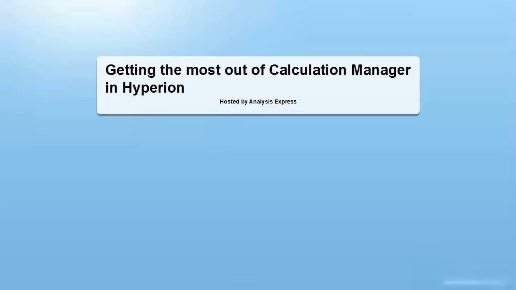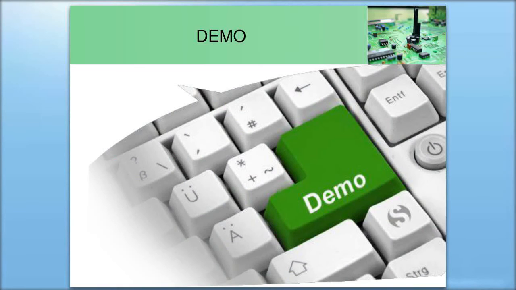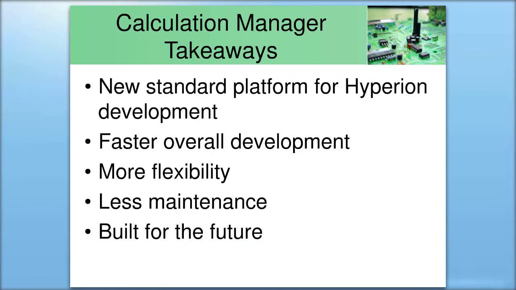Just to kind of give you an overall view of what we think is important about Calculation Manager and how you can use it. First of all, we think it's the new standard platform for Hyperion development. In the future, there isn't really going to be support for business rules, and new features are constantly being added to Calculation Manager and not EAS.